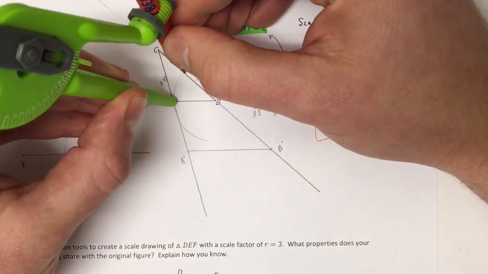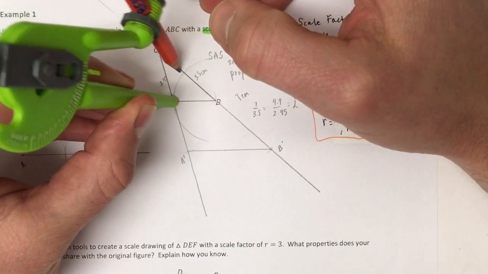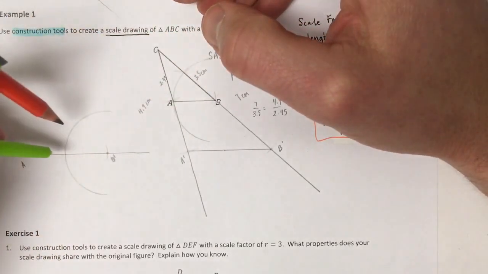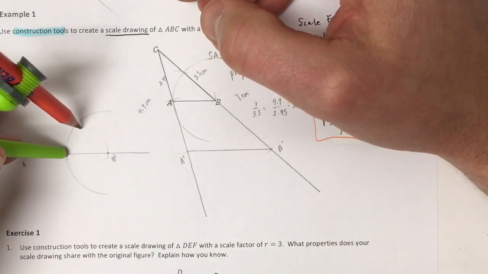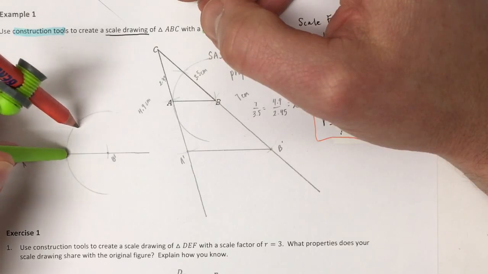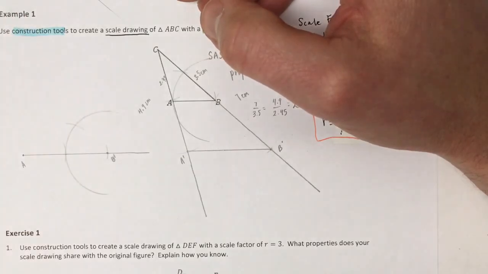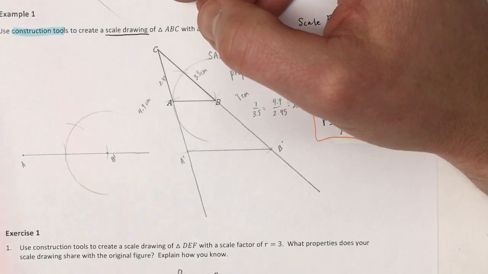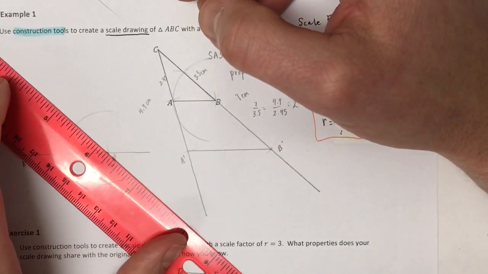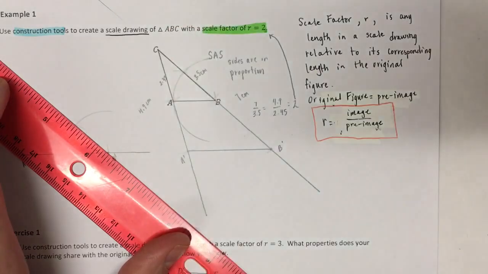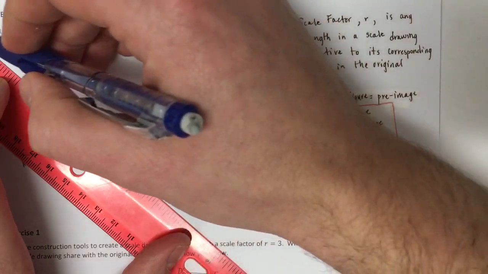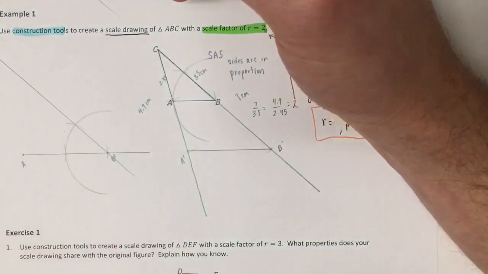So I come over here to point A, and I give myself one other arc. And so this should be the angle I need to figure out C.